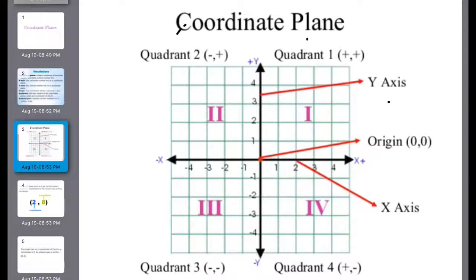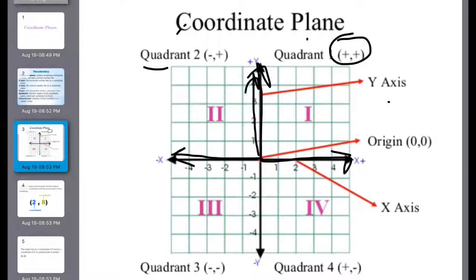So let's take a minute and talk about how these quadrants are different. Quadrant 1 is probably what you spoke about in elementary school. Quadrant 1 is made of positive numbers only because the number line goes to the right and up. So you have positive numbers. When you go to the left for quadrant 2, you have a negative number and a positive number. So any point in quadrant 2 is going to have one negative number and one positive number.